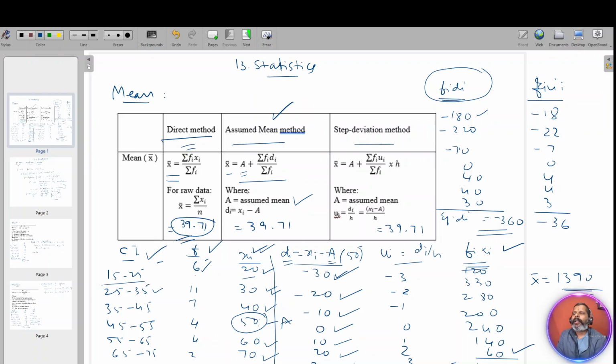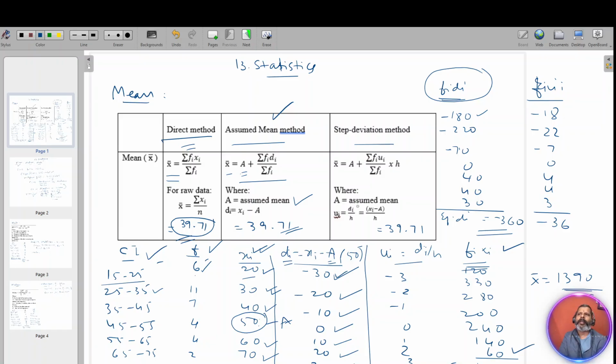So 50 plus sigma fi di, which is minus 360, by sigma fi, which is 35, you get 39.71 as the mean. This assumed mean method also, if the numbers are more, gives you a little bigger calculation compared to the direct method.